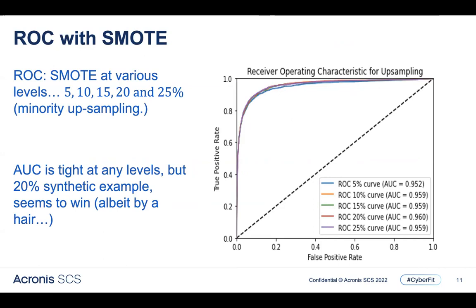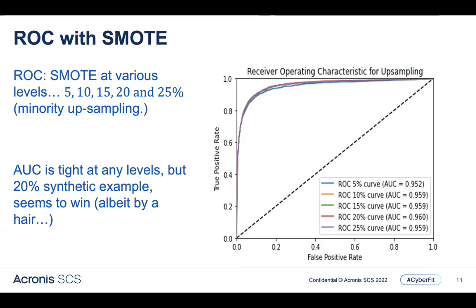And at each instance, we have calculated the ROC for that level, and we noticed that the ROC or the AUC are very, very similar, all hovering about 95 to 96%.